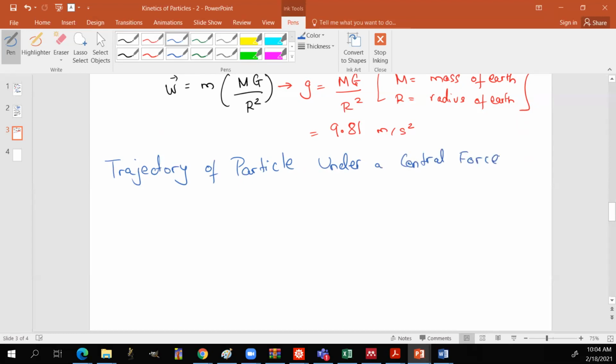So you're looking at the trajectory of a particle under a central force. Let's say that you have your path like that. You have your point O, that's where your bigger body is potentially. And then you've got some point where your particle is.